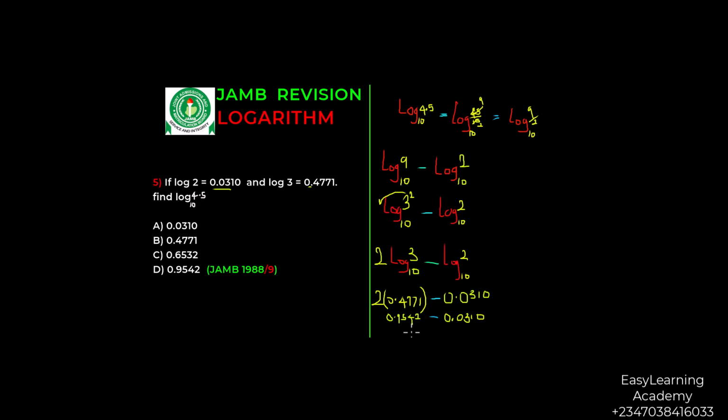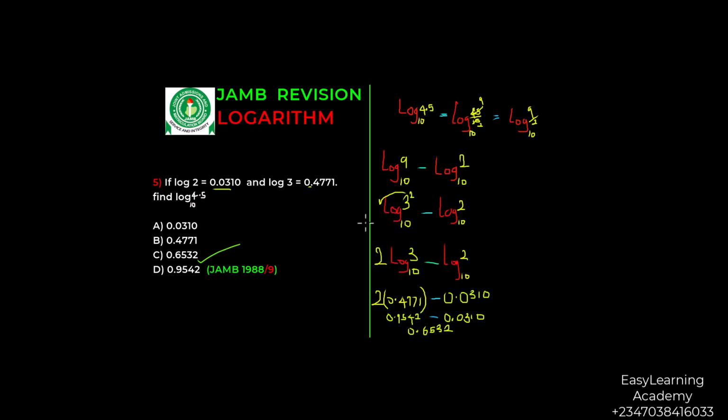If we subtract this, what we're going to have as our answer is 0.6532. Then let's go to our options to take the correct option. We have 0.6532, option C. Option C was the correct option in that question.